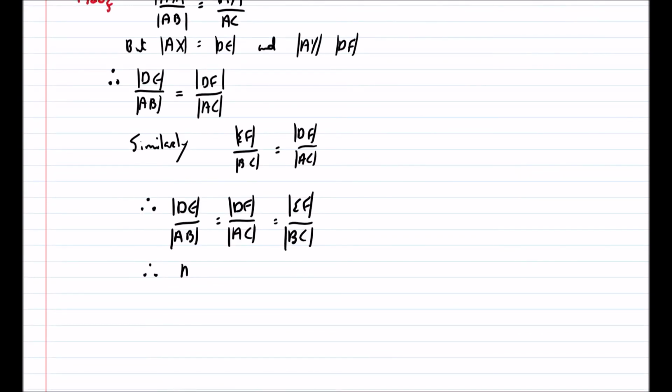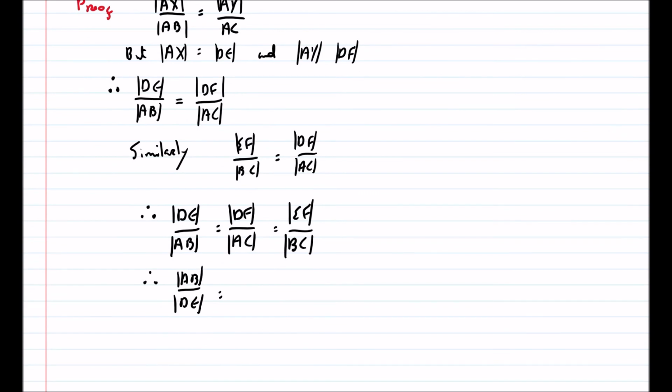AB, DE equals BC, EF, and then this one, AC, DF. So there we go. Okay, so I know how to prove that. Yeah, thanks.